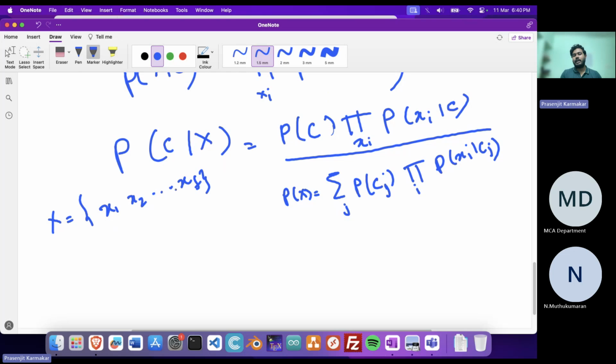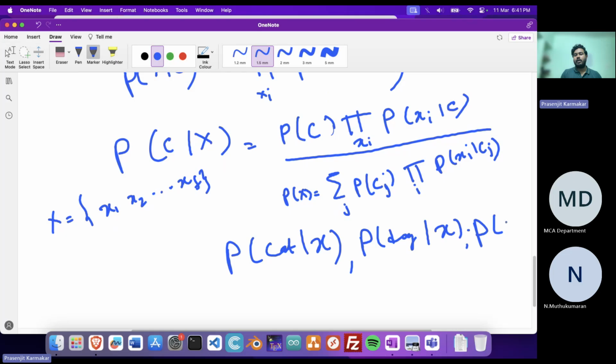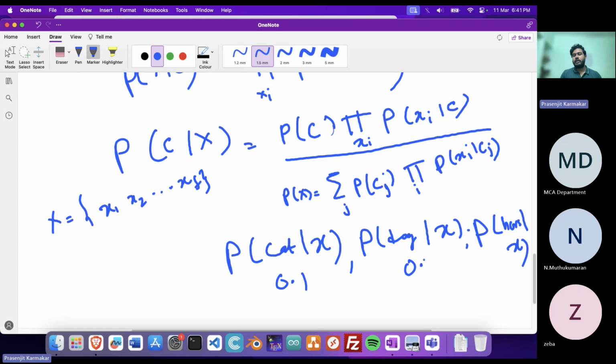Given a class C1, I can easily compute, let's say, the probability of cat given my features X. Then let's say I have also computed the probability of dog given X. And again, let's say there are only three classes, the probability of horse given X. Now, let's put some values here. Let's say the probability of cat is 0.1, dog is 0.7, and horse is 0.2.